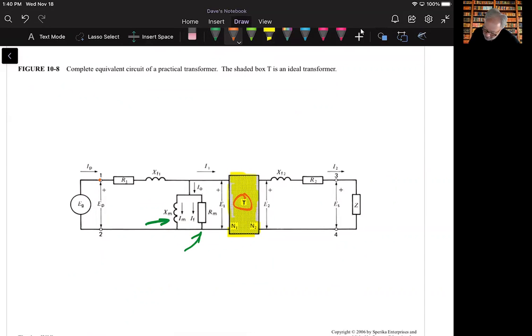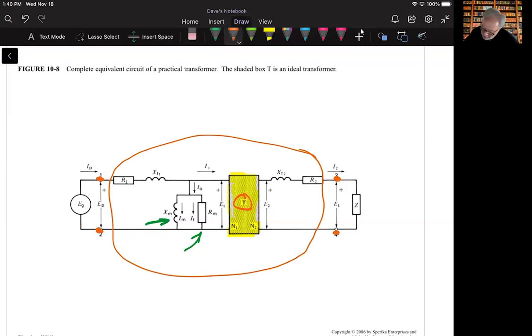we recognize that terminals 1, 2, 3, and 4 are all that we have to access, and that all these components, everything in here, is going on, but it's buried. We just need to know the characteristics of that.